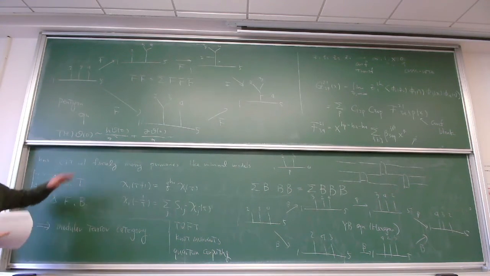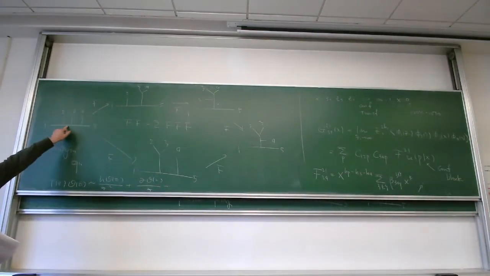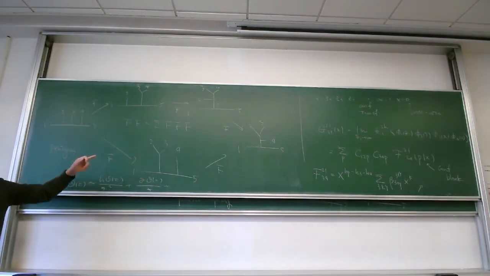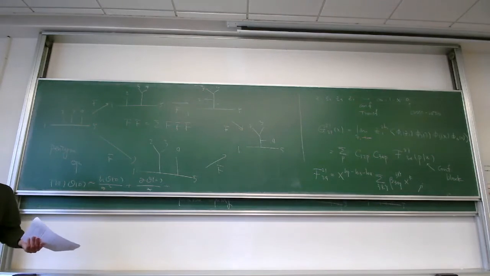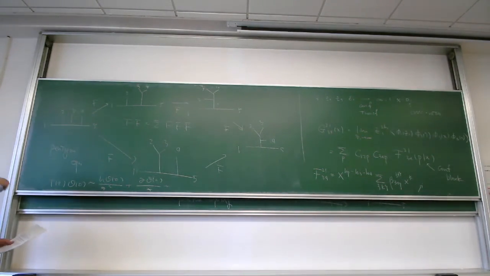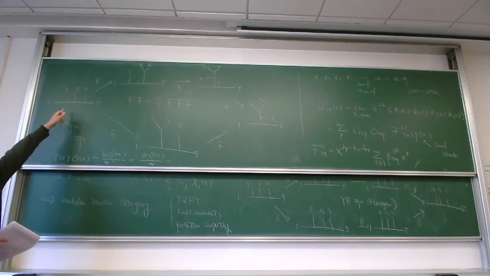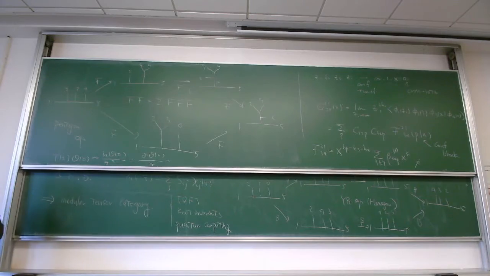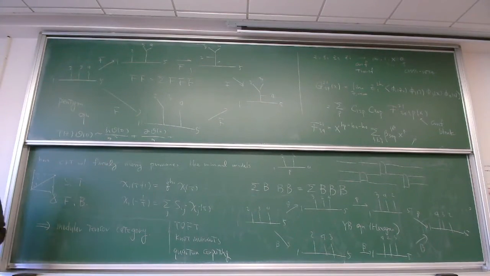As I mentioned, the internal channel here has only finitely many options. That's why F and B are finite matrices, essentially n times n matrices, not infinite. So in the intermediate channel you have only finitely many conformal families because there are only finitely many primaries.